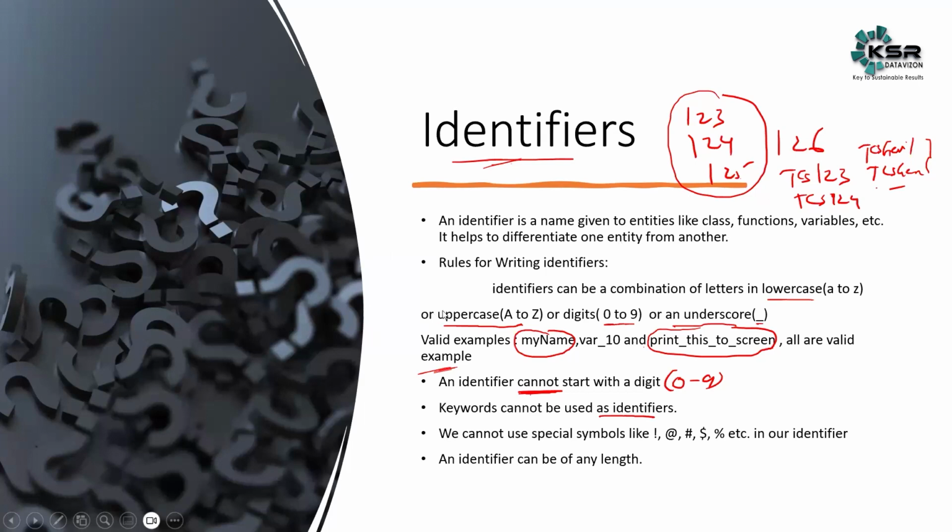There will be no difference in the rules to create identifiers. Go ahead. Okay, done, right, everyone?